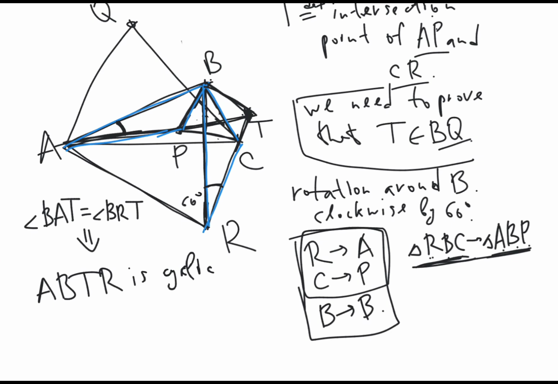But because it is cyclic, therefore we have that the other angles, in particular, this angle is equal to this angle, but this angle is equal to 60 degrees. So I will just write 60 degrees.